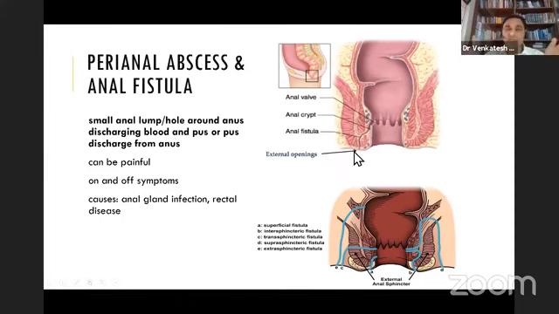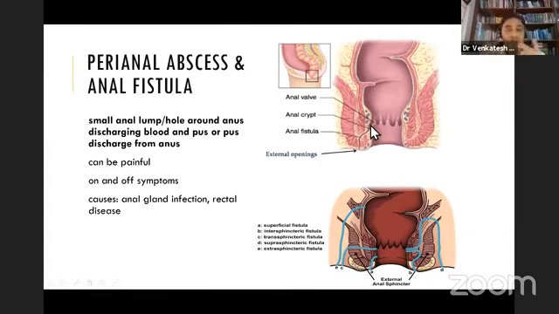After the pus is discharged, the pressure settles down, and the external opening can close for some time. It may be a few weeks, months, sometimes years, and then it will reactivate when some fecal material or bowel motion bits go into this tract and again set off the infection.